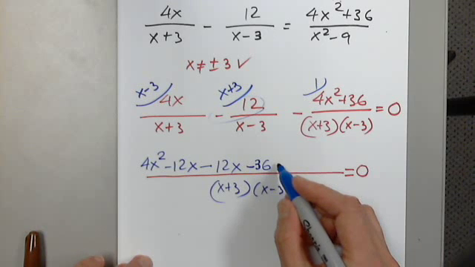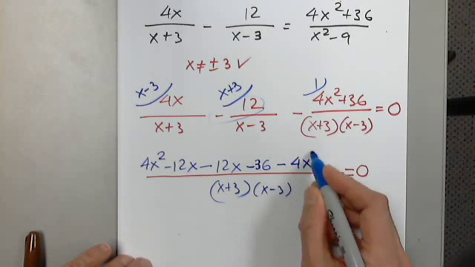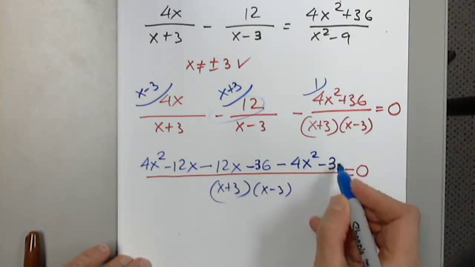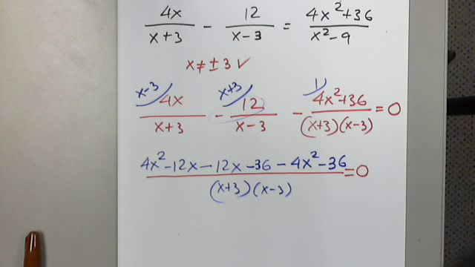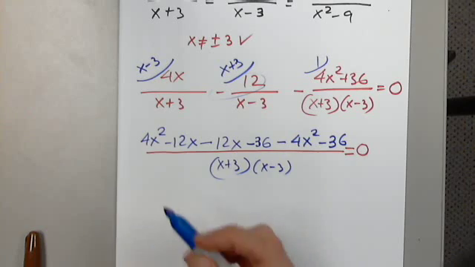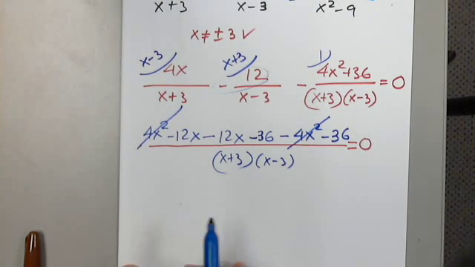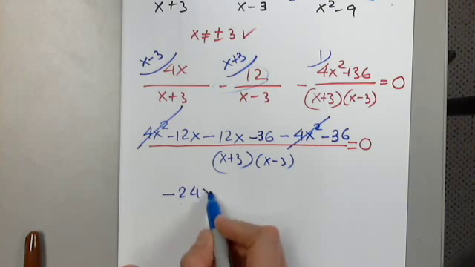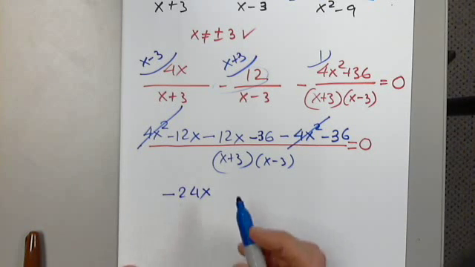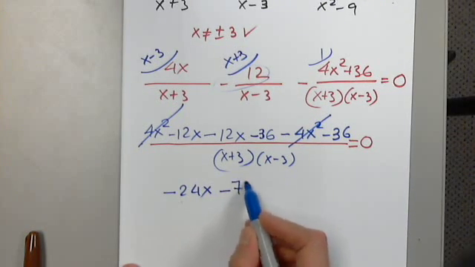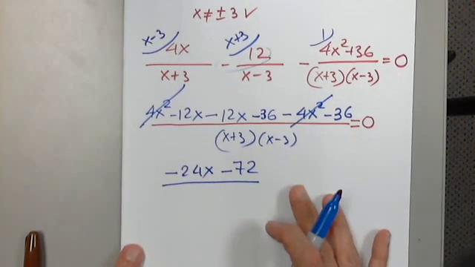And then? Very good. Perfect. So now the top. Yes, it happens that these two go away. Negative 24x minus 72. Everything divided by.